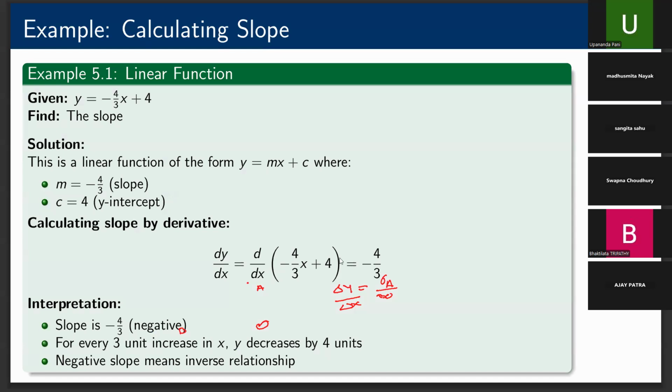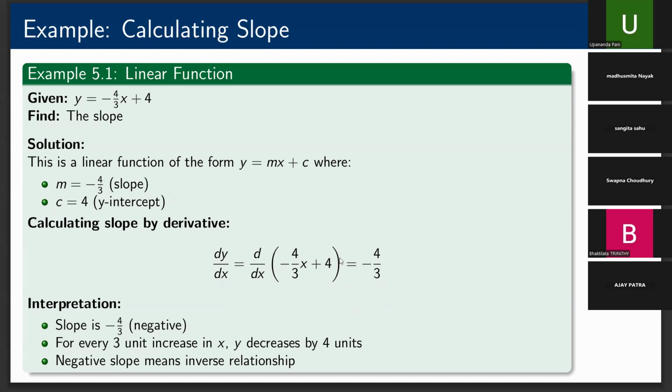Then given the linear function y equals minus 4 by 3x plus 4, what is the slope? Find dy upon dx, and the value will be minus 4 by 3. So the slope equals minus 4 by 3. How to interpret it? If x is increased by 1 unit, then y will decrease by 4 by 3, that is 1.33 units. This is the interpretation.